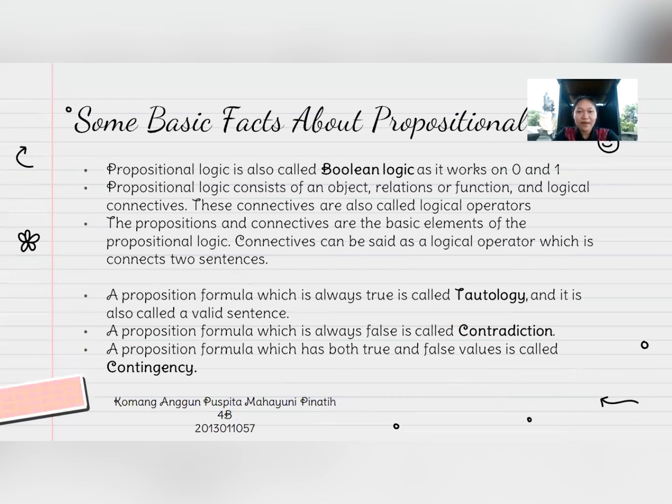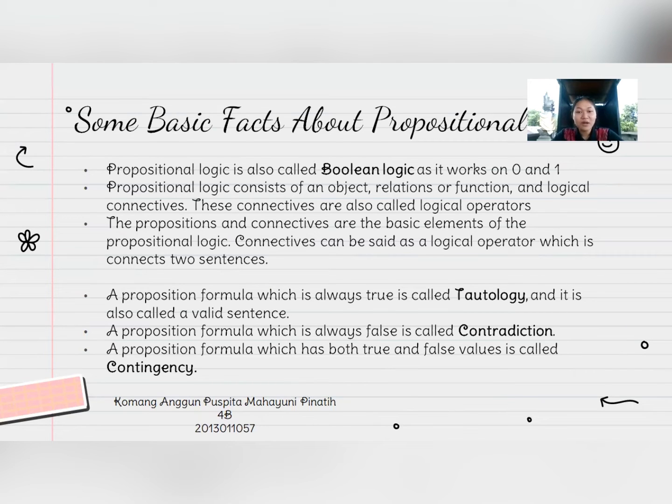Some basic facts about propositional logic. Propositional logic has many basic facts. Propositional logic is also called Boolean logic as it works on 0 and 1. Propositional logic consists of an object, relations or function, and logical connectives.